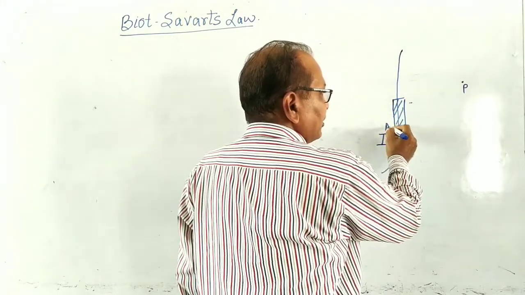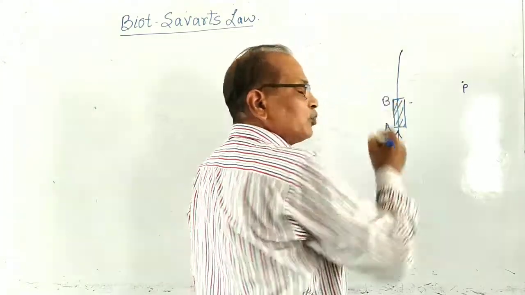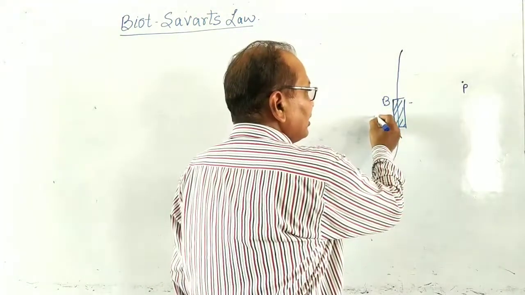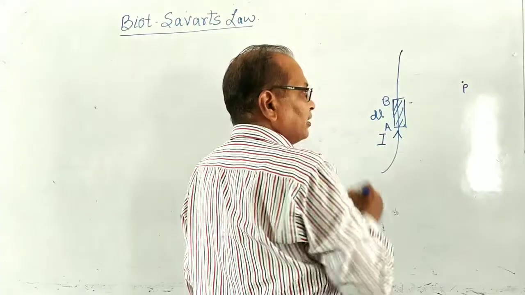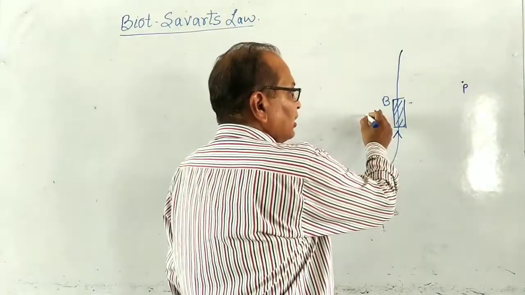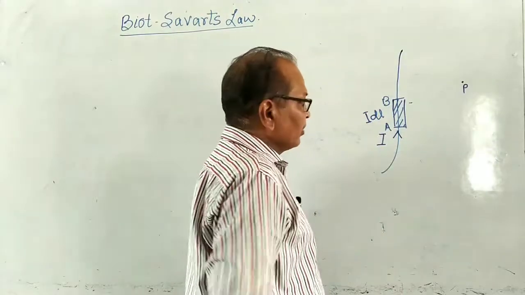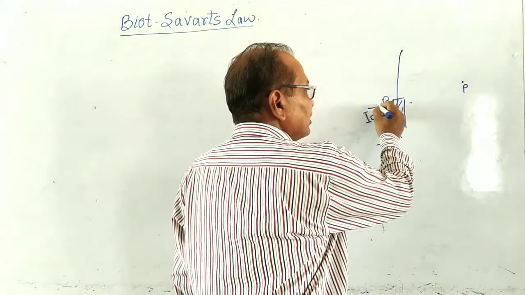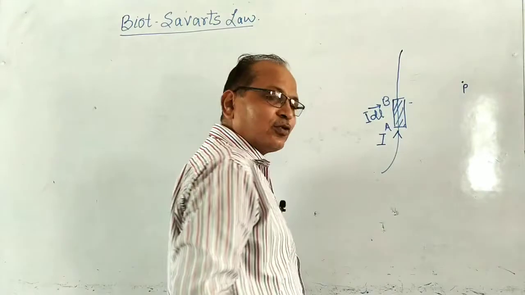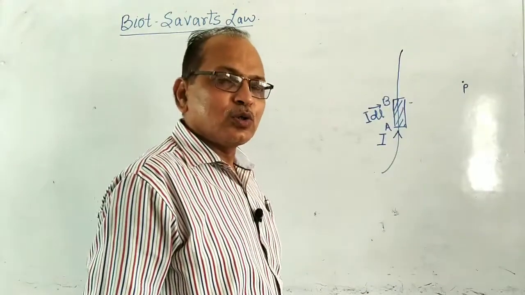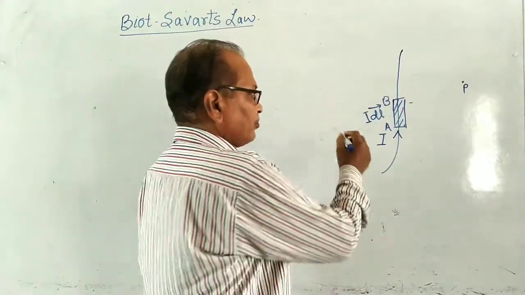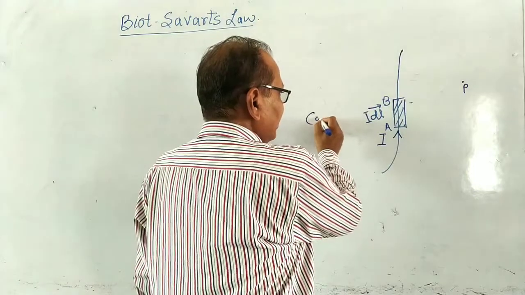Let AB be the small element having length dl, and the current flowing through the small element is I. Therefore, I dl is a vector quantity, and this is also known as the current element.